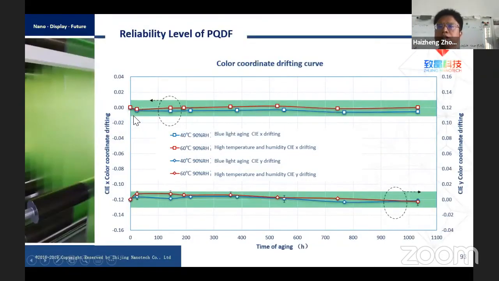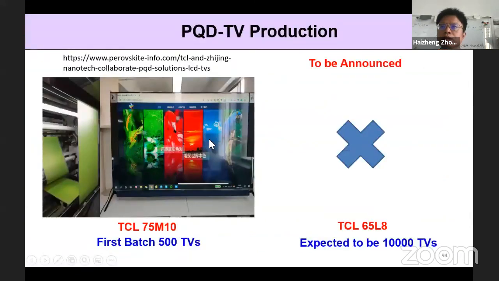After 2 years of work, we also solved the stability issues. So currently the thin films can pass the accelerated high temperature and high moisture tests.